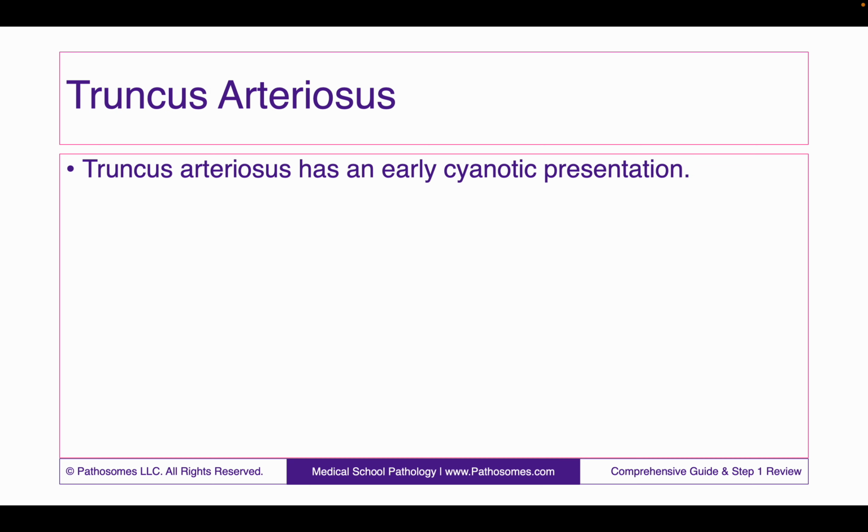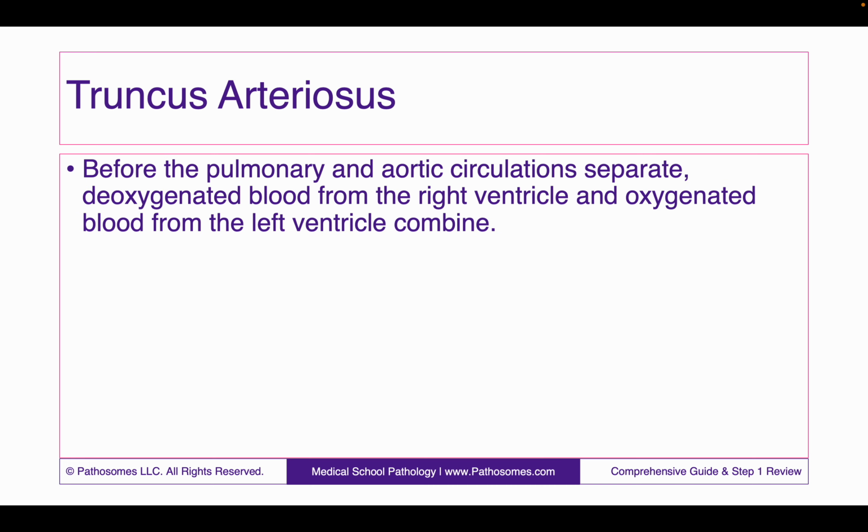Truncus Arteriosus has an early cyanotic presentation. Before the pulmonary and aortic circulation separate, deoxygenated blood from the right ventricle and oxygenated blood from the left ventricle combine.